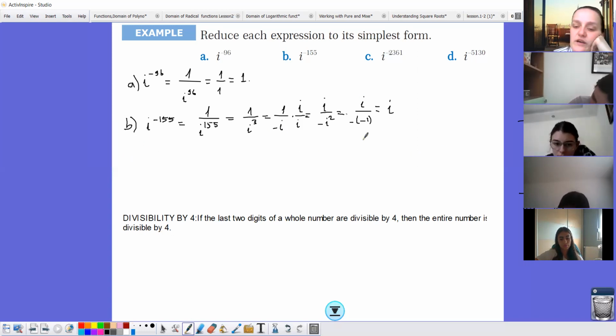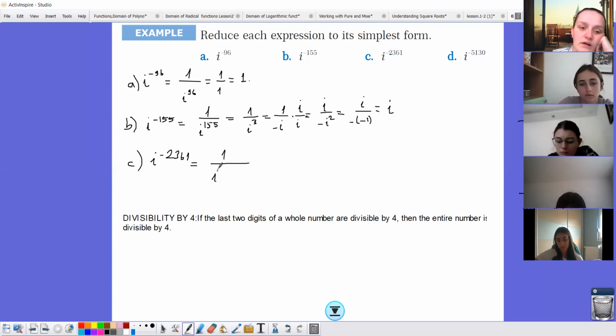And with this, if we have learned that we are not leaving the I in the denominator, let's do this C. I to the power of minus 2,361. Again, I'm writing it as 1 over. We have 1 as the remainder here, so it will be 1 over I to the power of 1.